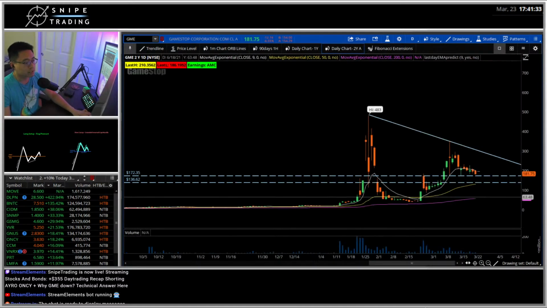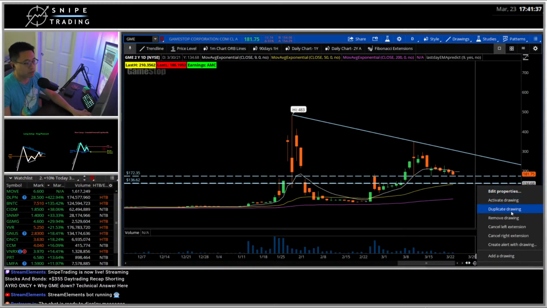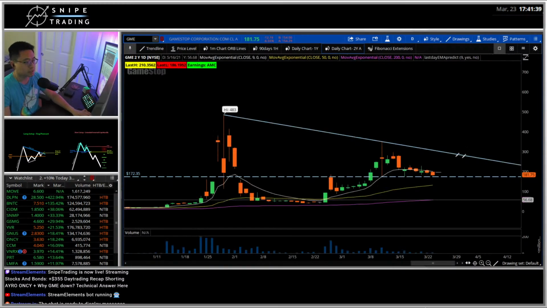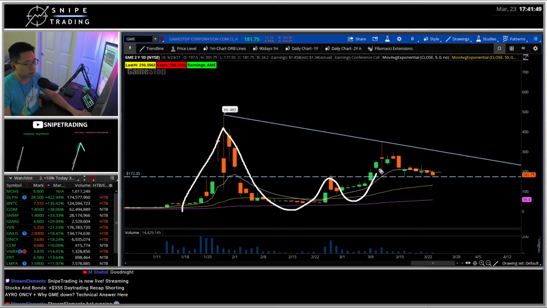For it to be setting up, which is my kind of flag play, it's going to take some time, but it's not going to squeeze yet. But you're going to have this resistance becomes support. So right now it's broken down, right? So let me redraw this. Right now it's broken down to here, so you have to be going back up.